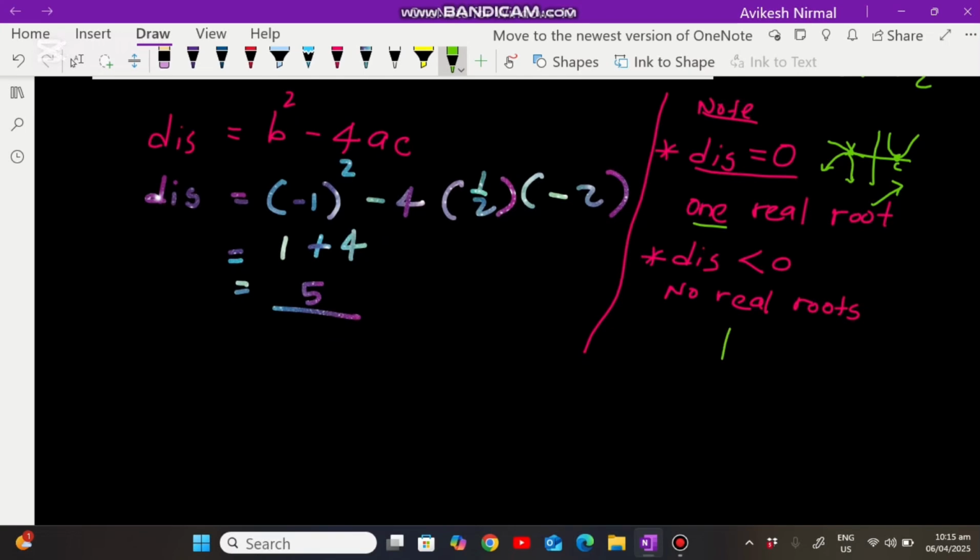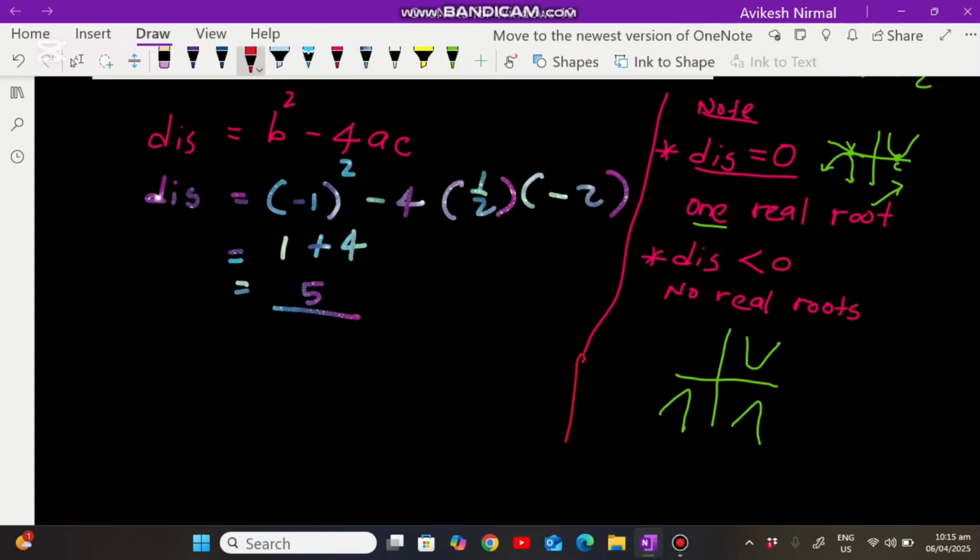Now if you have no real roots, this means the graph is something like this. It does not have any x intercepts. It can be there, it can be here, anywhere apart from the x-axis. So it has no real roots.